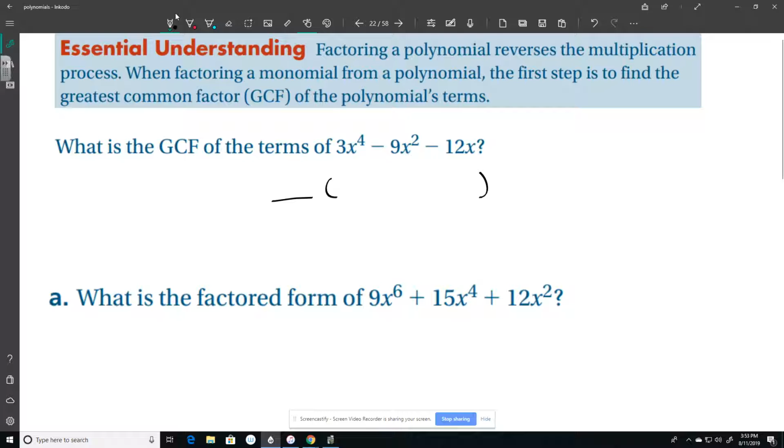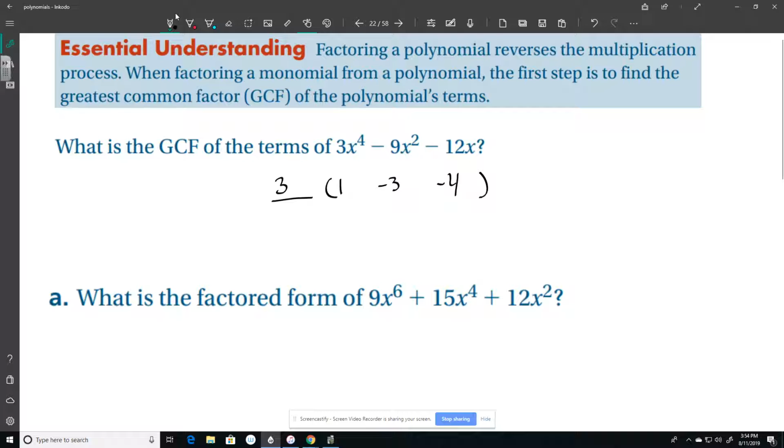But it has to be something that goes into all 3 of them. So the first thing I'm going to look at is my constants. What number goes into 3, negative 9, and negative 12? And the answer is 3. 3 goes into 3 once. 3 goes into negative 9, negative 3 times. 3 goes into negative 12, negative 4 times. So those are left over on the inside.